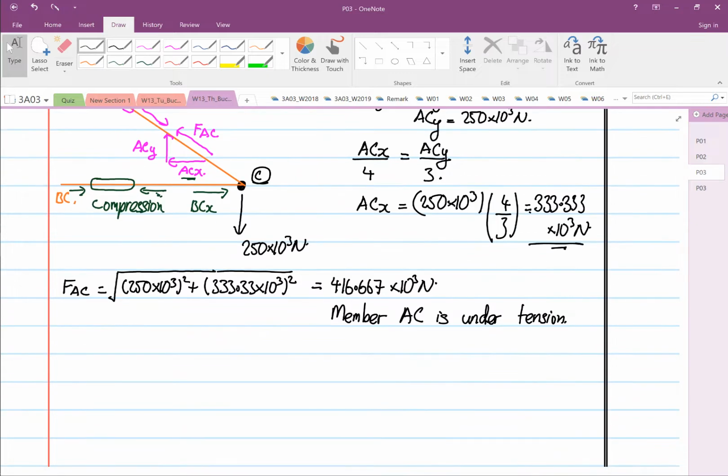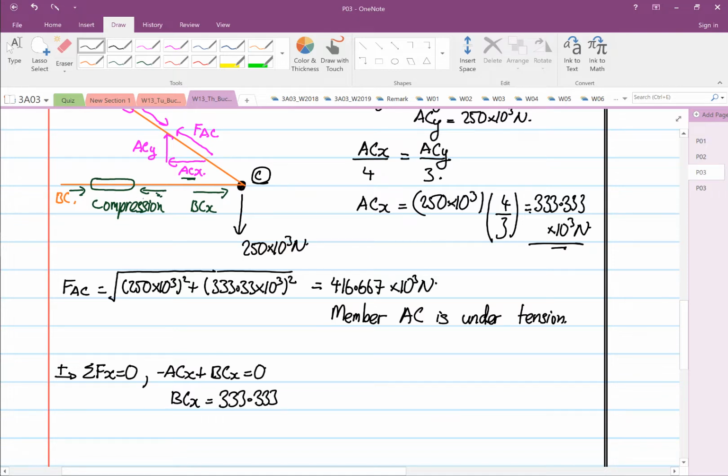So from here, we know that we're going to do summation of forces in the x direction is equal to 0. So it's equal to minus ACX plus BCX is equal to 0. From here, we know that BCX is equal to 333.333 times 10 to the power 3 Newton.